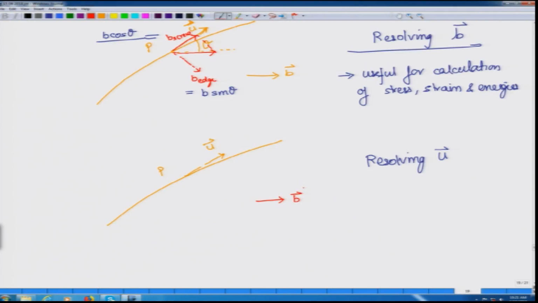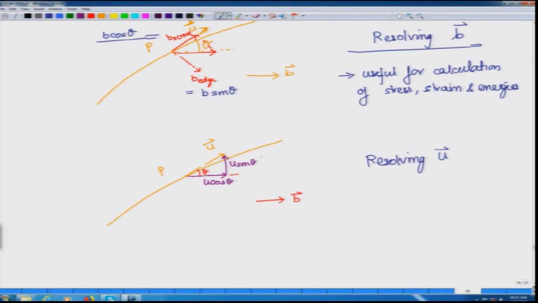We are also aware of this angle theta. So, what we need to do now is take components of u parallel and perpendicular to b. So, this is u cos theta, this is u sin theta.